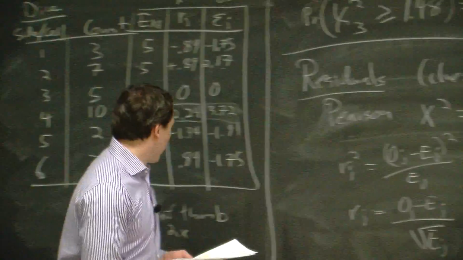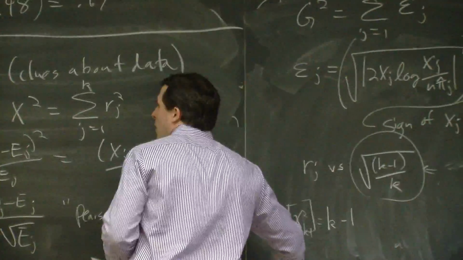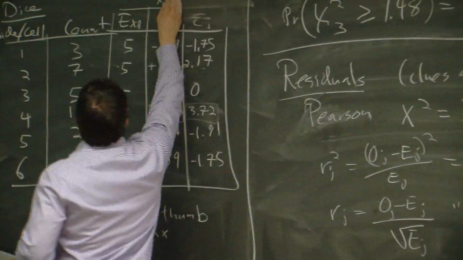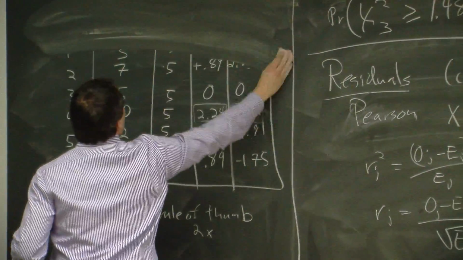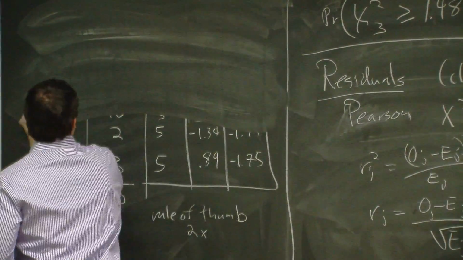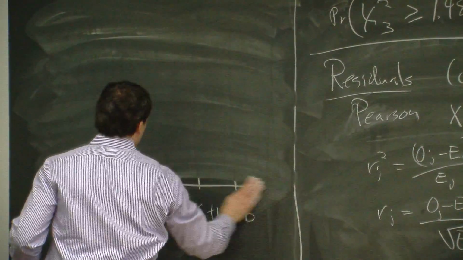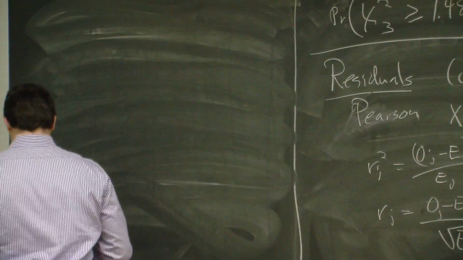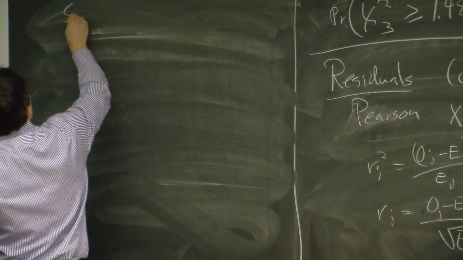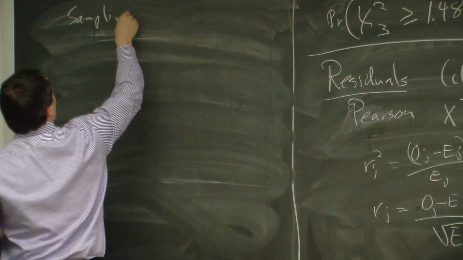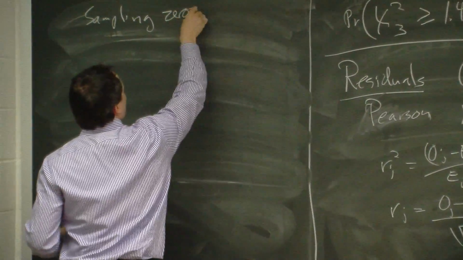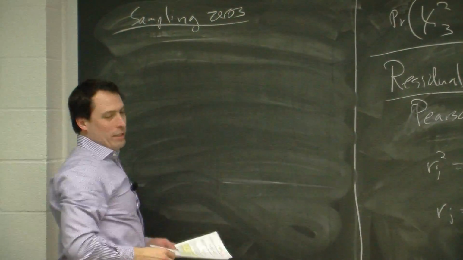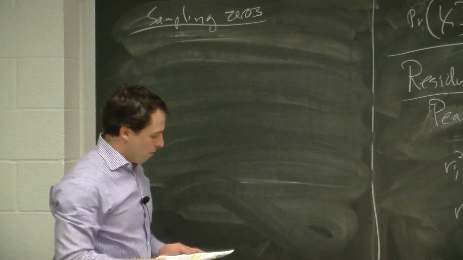Okay, and then there's just one distinction that we want to make between different types of zeros. Those were implicitly what I was talking about there, sampling zeros. So you've done the experiment, you've asked lots of questions, some of the cells just happen to be 0.